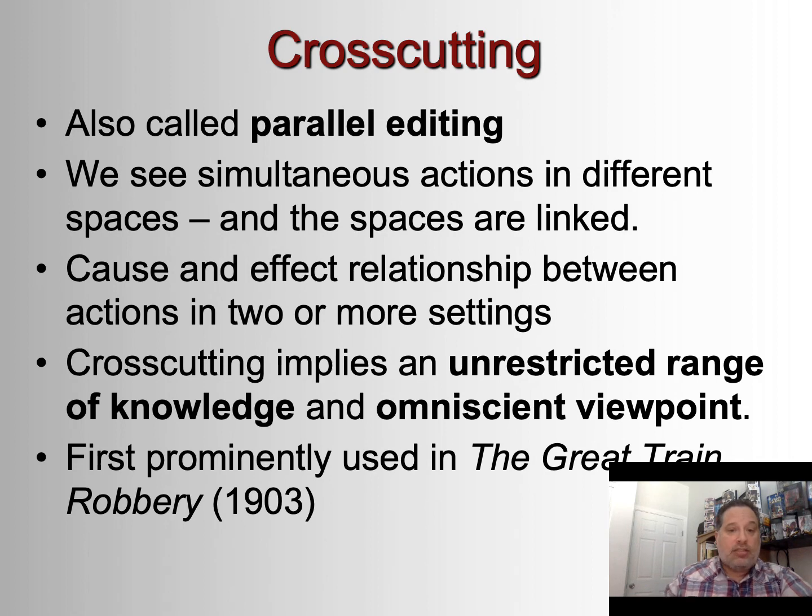So it's three different actions in three different spaces, but because of the way they're cut together, we understand that they're occurring basically at the same time, right? That's why it's called parallel action. And cross-cutting implies an unrestricted range of knowledge, an omniscient viewpoint, which means that we as the viewer can see everywhere. We kind of have a God's eye view of everything that's going on.